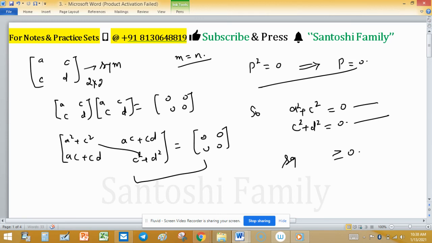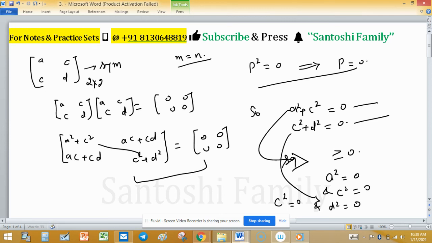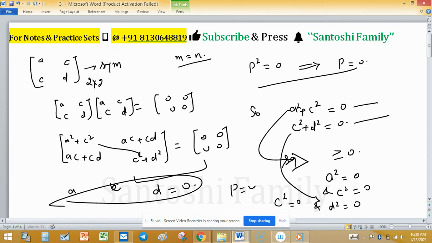This implies a square equal to 0 and c square equal to 0. Similarly, from the other equation, c square is equal to 0 and d square is equal to 0. It means a, c and d are all 0, so P is equal to the 0 matrix.